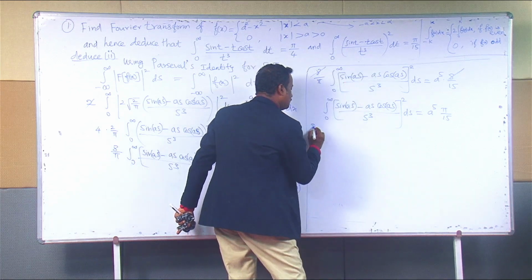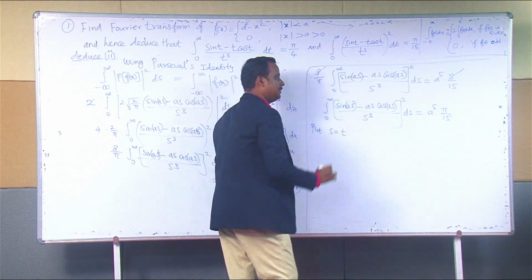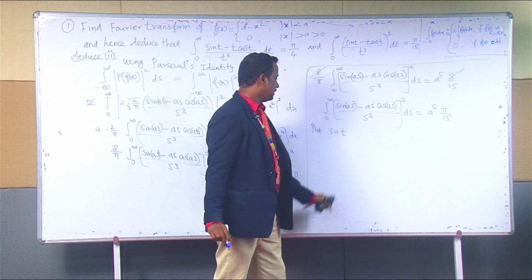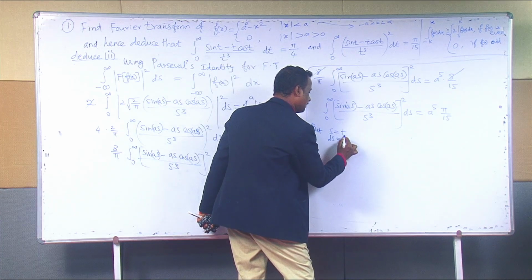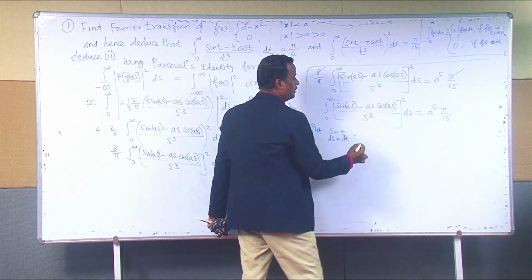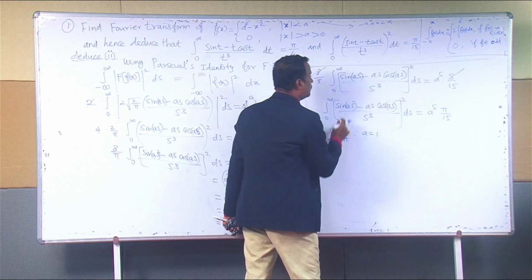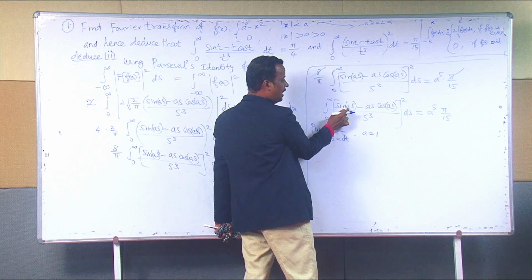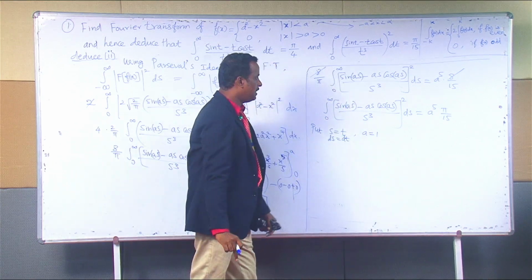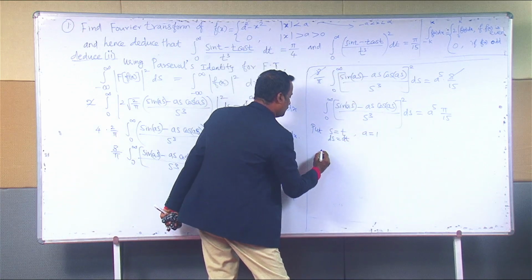So we can use the substitution, put s equal to t. The variable s is a dummy, we can use s as t, okay. Now this becomes ds as dt, and there is no a power 5, so we can put a as 1, because we are going to prove sin t here. Applying a equal to 1, what do you get?